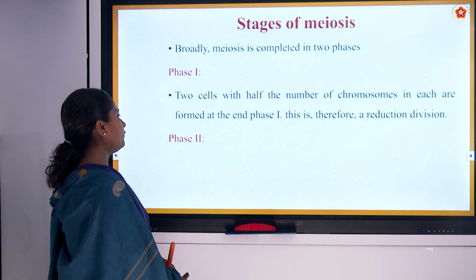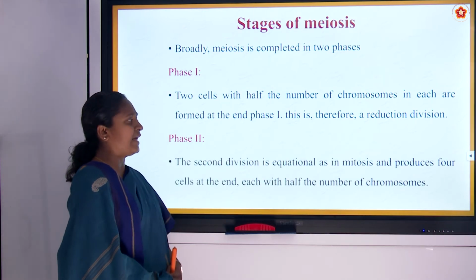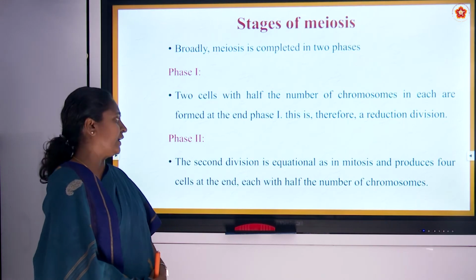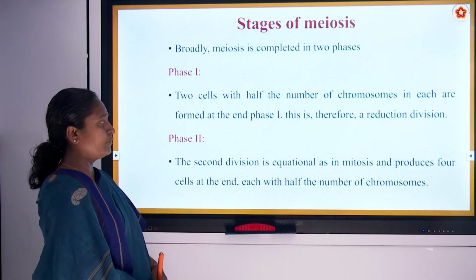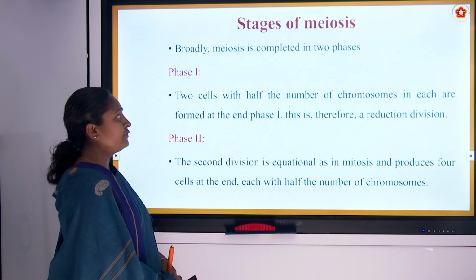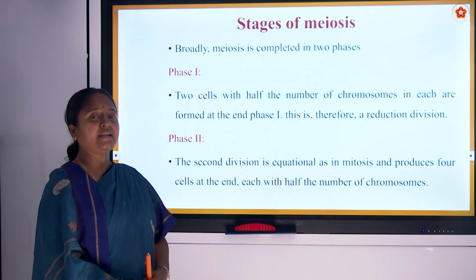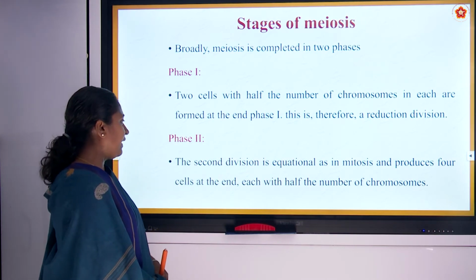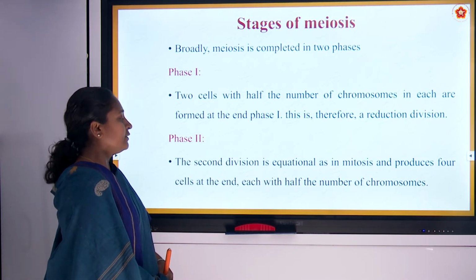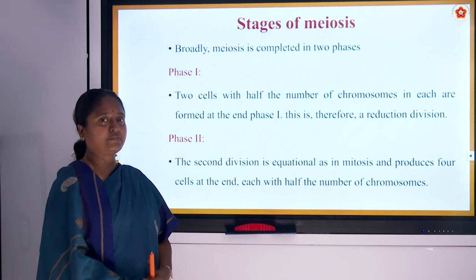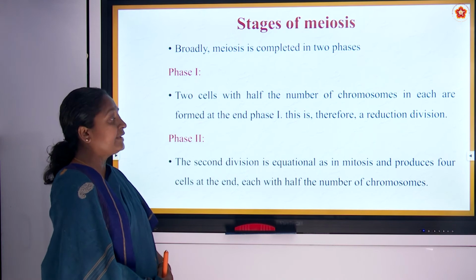Then what happens in phase 2? Phase 2 is similar to what is happening in mitosis. So, we cannot see the number of chromosomes being halved here, but the number of chromosomes that the cell got after phase 1 is maintained, and at the end we get cells having half the number of chromosomes of the parent cell, exactly like mitosis.